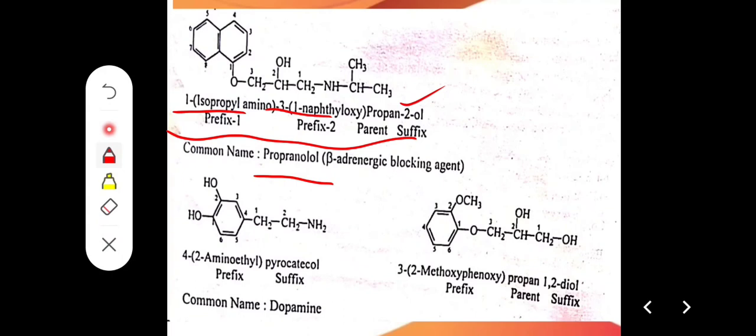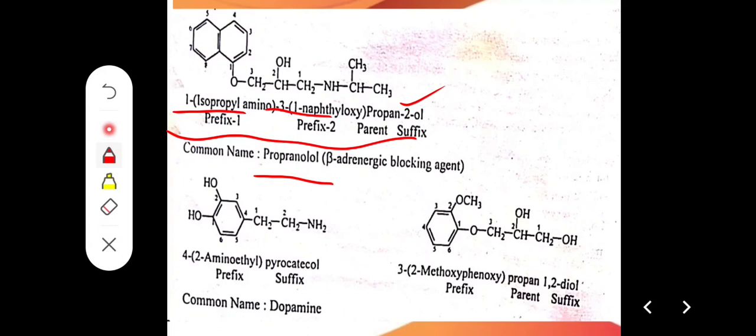But if there is a group previously, such as amino or hydroxy, that is termed a prefix. Prefix means it must be written before, and suffix means it must be written after. So there are two prefixes.